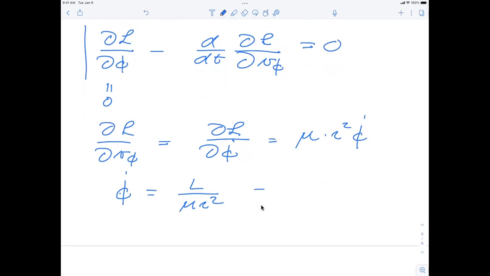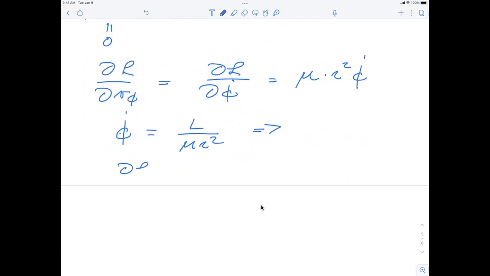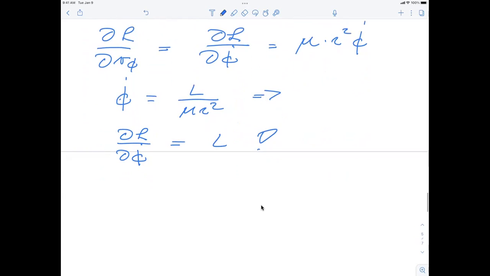So that means that if I plug that in, I'm going to get that dL of d phi dot is actually given by simply L when I plug it in. And when I then take the time derivative, what I have is that dL/dt is equal to 0. And that means that we have 0 torque.